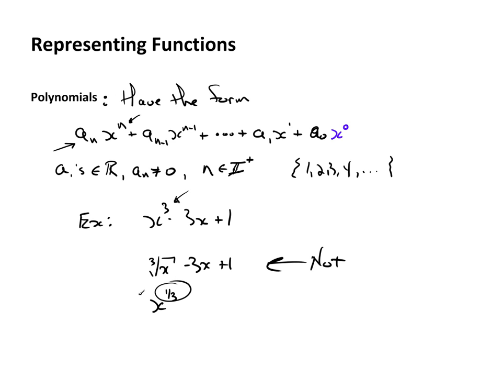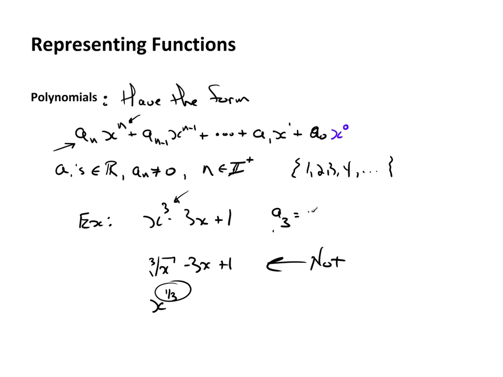Here, x cubed is fine. An in this case is going to be, well, an is going to be 2 here, a2. Oops, I'm sorry, 3. A3. Sorry, I made a mess of that. Let me fix that. There we go.